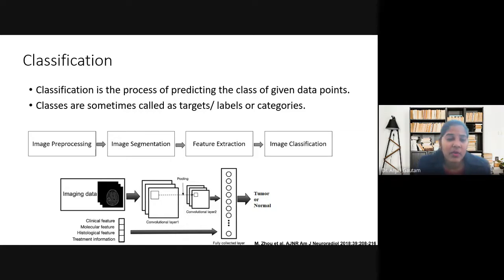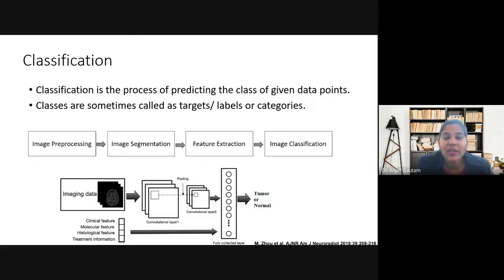They are not performing any image pre-processing or segmentation. They just perform the convolution operation, max pooling operation, and many more operations related to deep learning. Then on the basis of the final layer, a fully connected layer, they extract the features along with the clinical information.